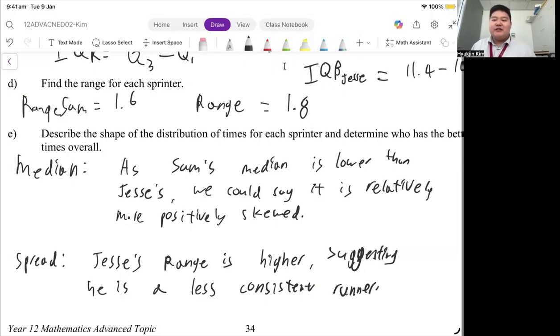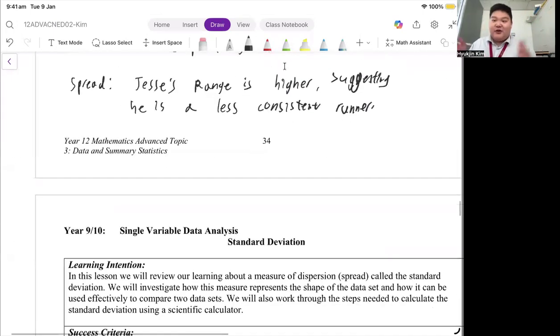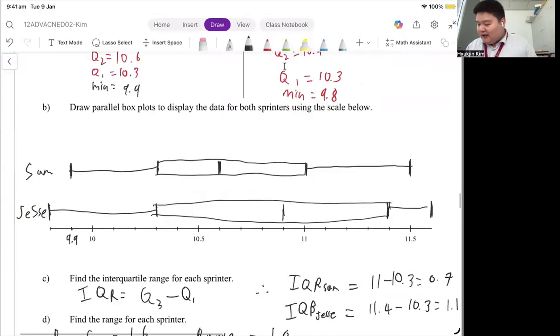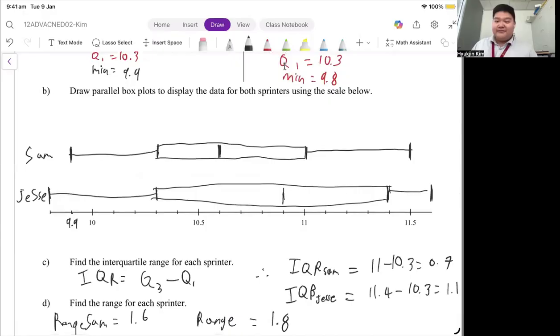Overall, he's not a very consistent person. He's very extreme. He varies left and right. And so we're not exactly sure how that works. So there's a few of the things that we could argue. Yeah, that's about it for now.